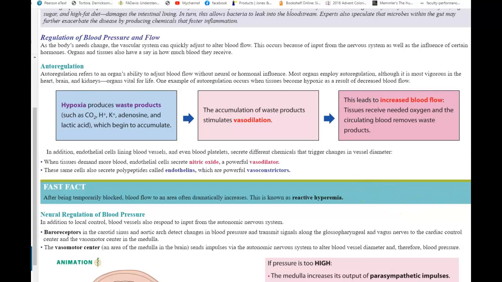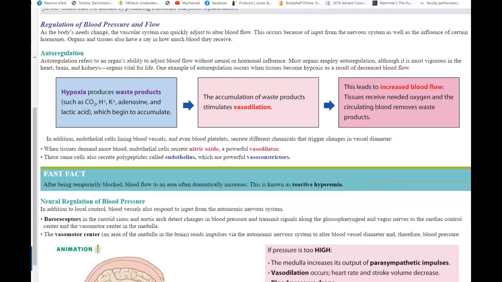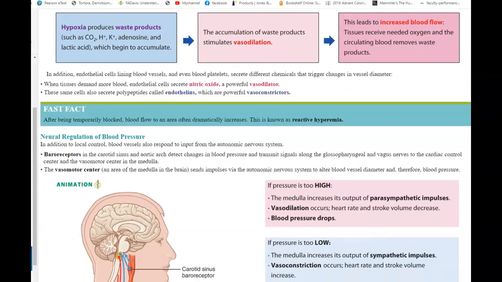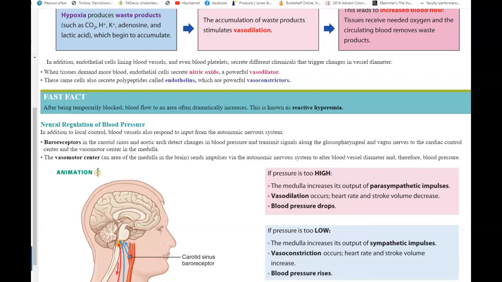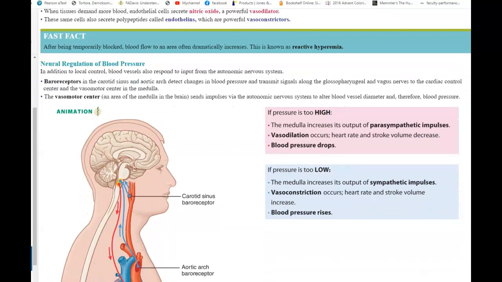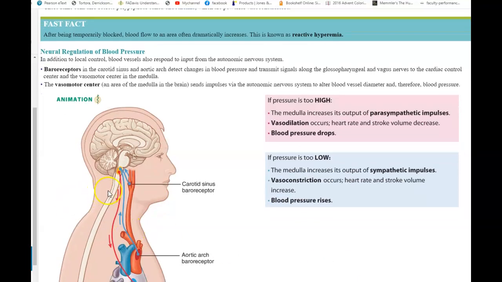You also have baroreceptors. Anything with baro has to do with pressure, like barometric pressure. Baroreceptors are in your carotid sinuses and your aortic arch. That means in your carotid artery, which is the artery going to your brain, and in the top of your aorta, areas that should have the highest pressure.